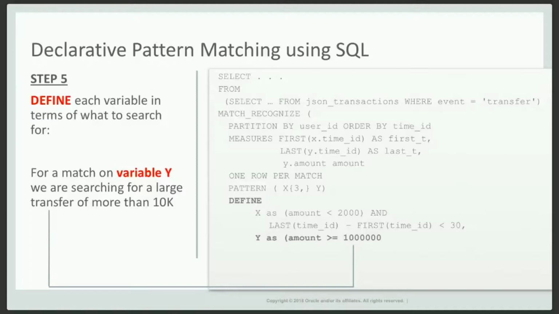My second business rule belongs to Y, and it says, having found those 3, and the fact that those 3 transfers occur within a 30-day window, I now need to check that the amount transferred, the next one, is more than $1 million.